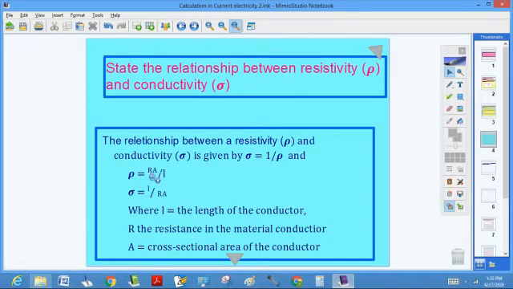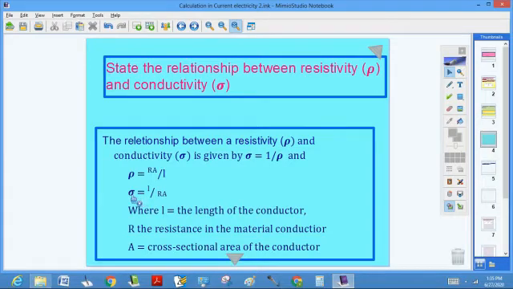Rho is equal to the product of R and A divided by L, where R and A stand for resistance and cross-sectional area. That is, the product of resistance and cross-sectional area divided by the length of the conductor that we are using. So that is what resistivity stands for.